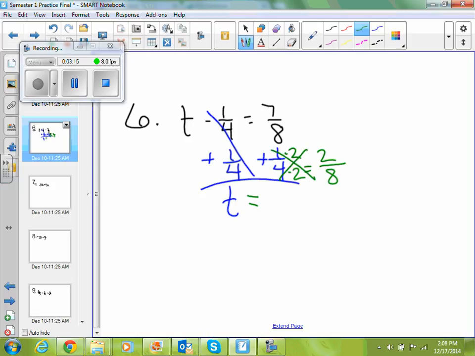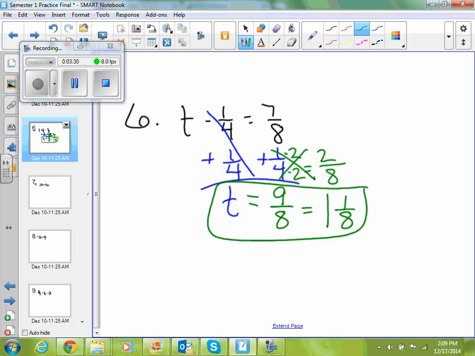So then instead of adding 1/4, we're adding 2/8, and 7 plus 2 is 9, so I get 9 over 8, which is the same thing as 1 and 1/8. So you could either have 9/8 or you could have 1 and 1/8. Okay, yeah, that's okay. It just means you reduced your fraction. So either 9/8 or 1 and 1/8 on number 6. Any questions on number 6?